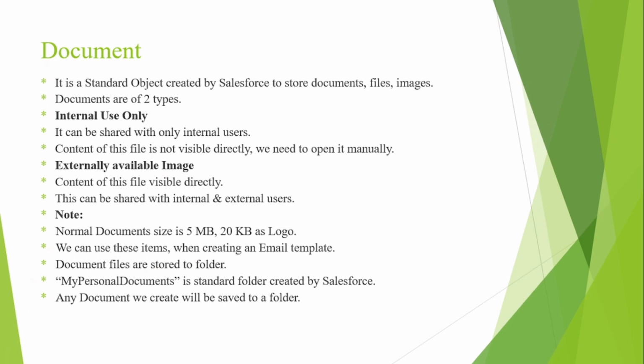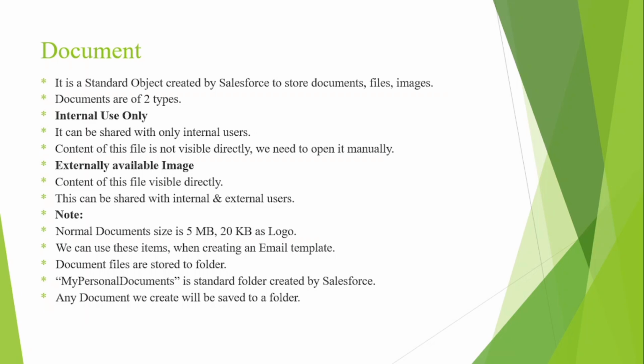So documents are of two types. First is internal use only. The document we are going to save as internal can be shared with only internal users, and the content of this file is not visible directly.